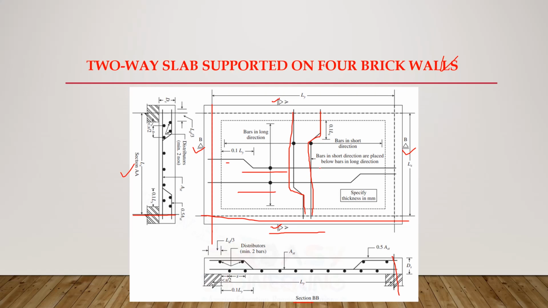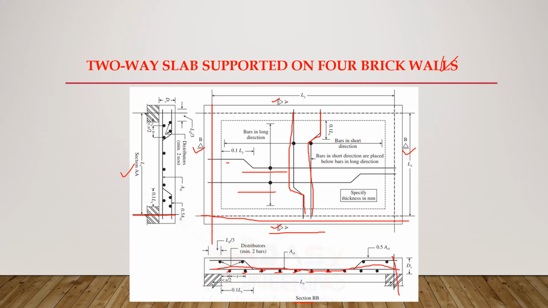The bars in the shorter direction are generally placed in the bottom layer and tied with the bars in the longer direction. So let's look here. If you look at this section BB, these bars which are at the bottom, these are sectional view of bars placed in the shorter direction, and these bars in the shorter direction are always placed below the bars in the longer direction.